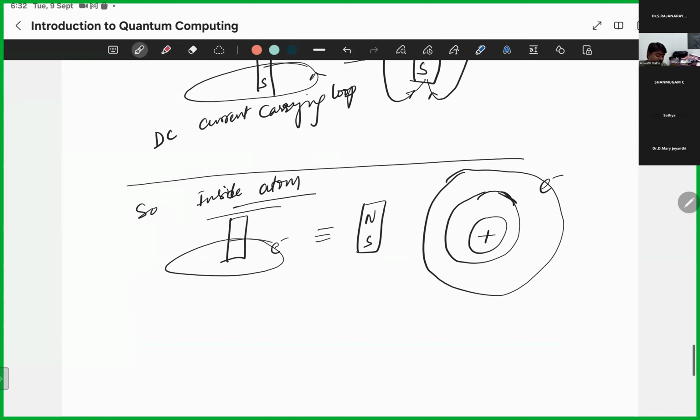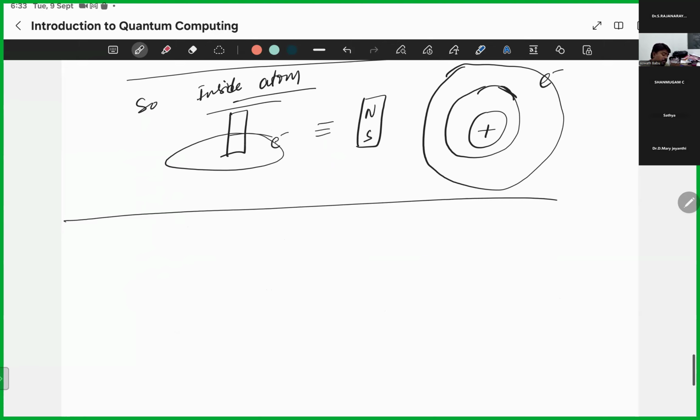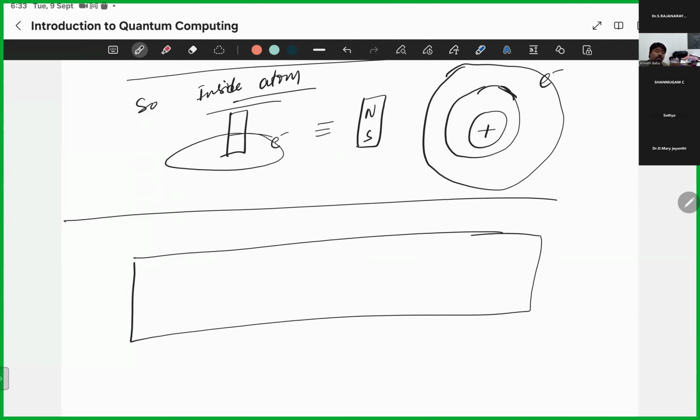It's very interesting, right? So what people did is they took a small magnetic strip. Inside the strip, they arranged all the bar magnets of the electron rotation in such a way that all are pointing towards the left side: north, south, north, south, north, south, like that.